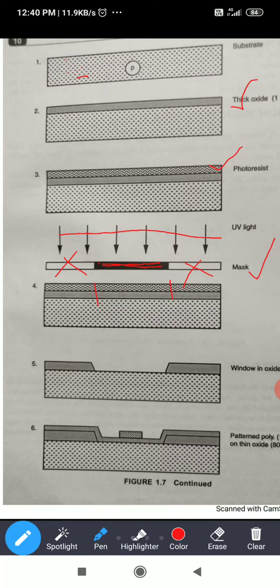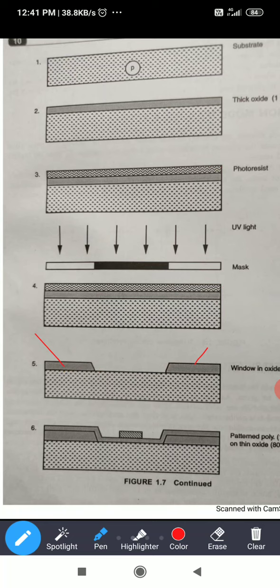In the development section, the photoresist and the silicon dioxide layer will be removed only in this particular region. The remaining positions stay as they are. Only the UV-exposed area is removed, and the remaining portion stays the same. These are all fixed. This area is removed.